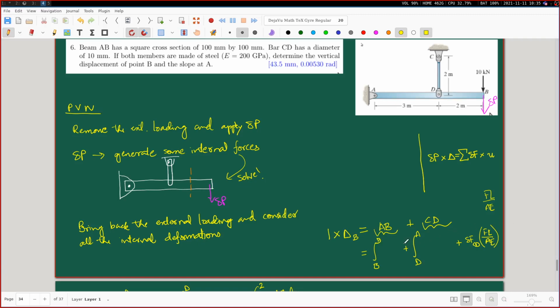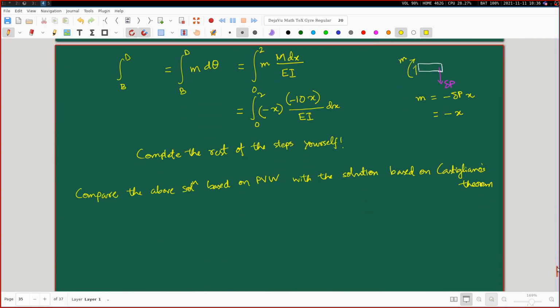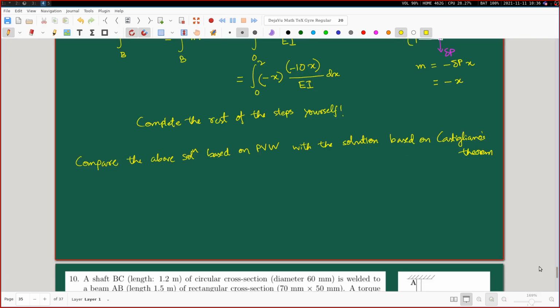But like there was a subdivision between the virtual forces and the real forces and all those things, that extra apparent complication will not be there in Castigliano's theorem. So if you manage to determine the moment all along the member BA and you determine the force CD, then immediately you can write down the total strain energy, and then by partially differentiating that with the force P equal to 10 kilonewton, you can determine the answer. Okay, so that's it.